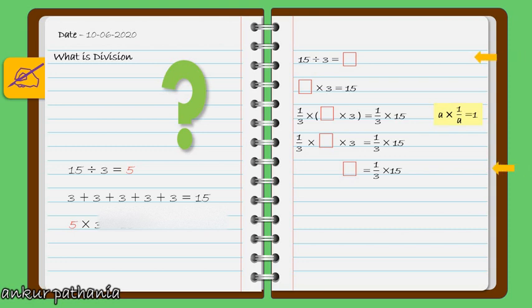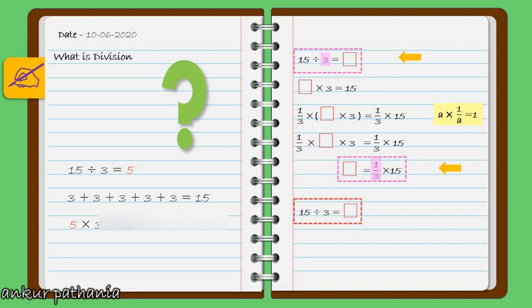Now if you carefully look at these two equations, you can see that 15 divided by 3 gives the same result when 15 is multiplied by 1 upon 3. Here 3 and 1 by 3 are reciprocals of each other. So at the end we concluded that 15 divided by 3 gives the same result when 15 is multiplied by 1 by 3, where 1 by 3 is the reciprocal of 3.